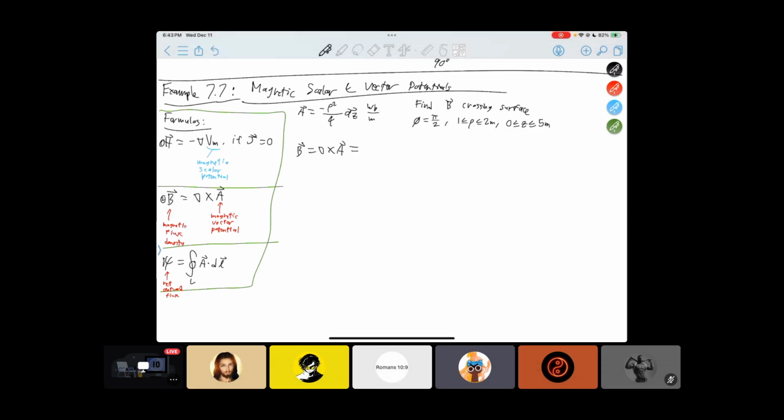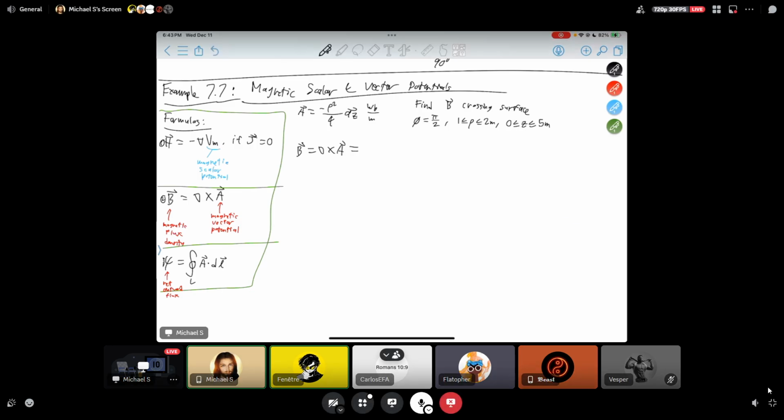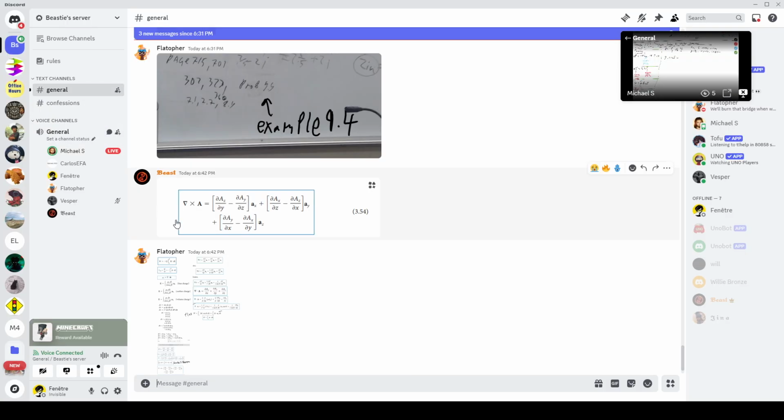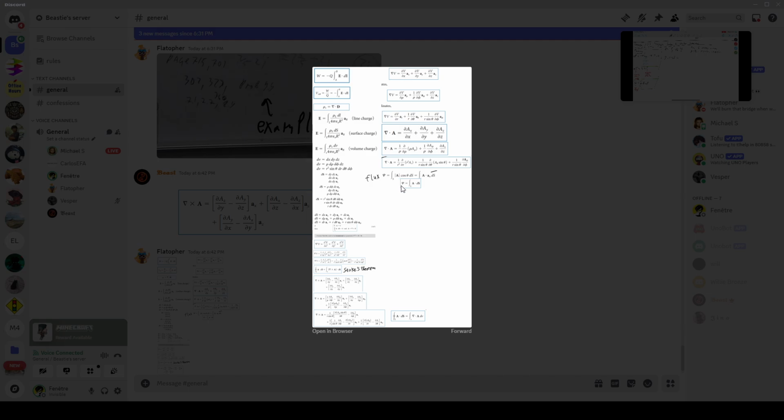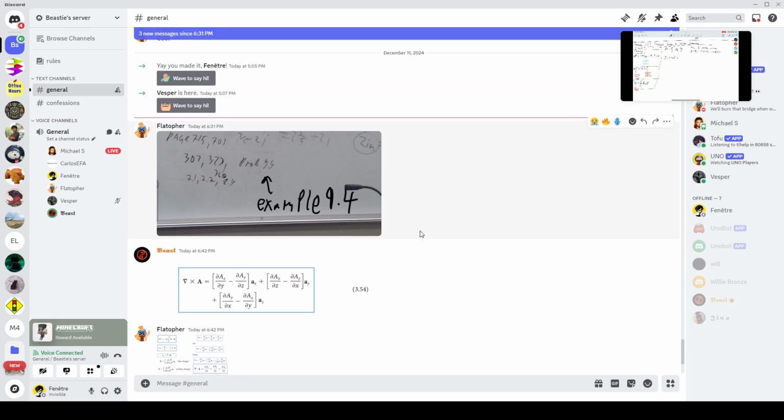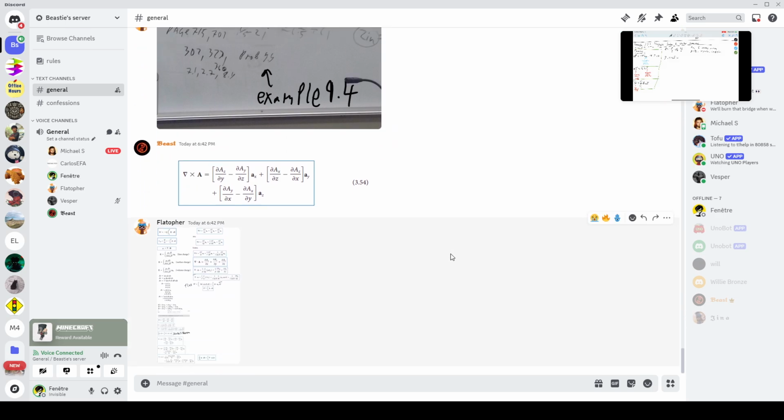Let's see why the book chooses this one, with respect to rho. Oh wait, this is in cylindrical coordinates, right?